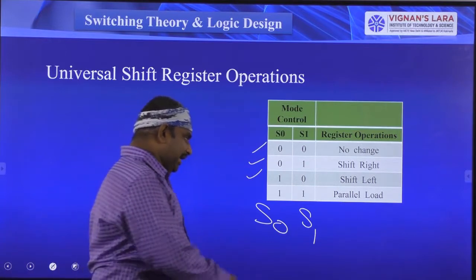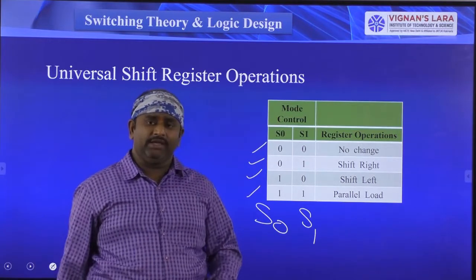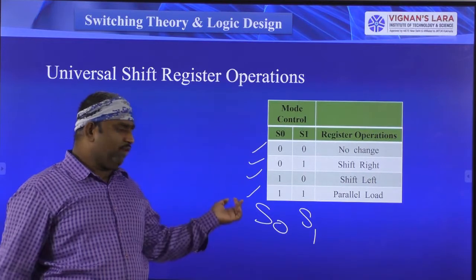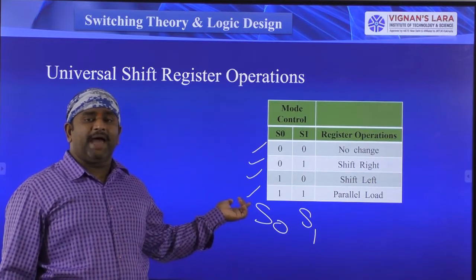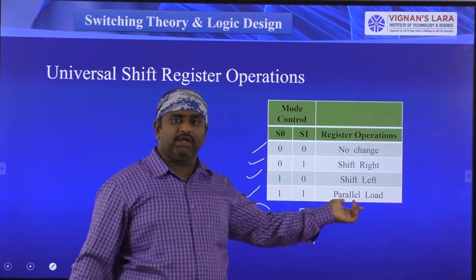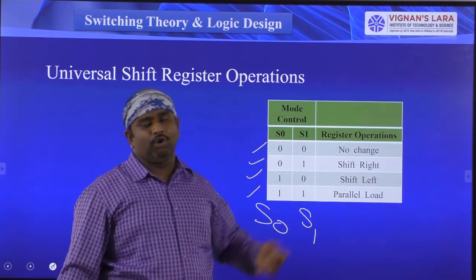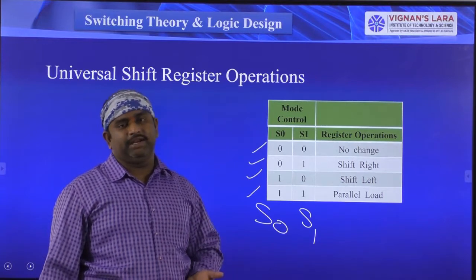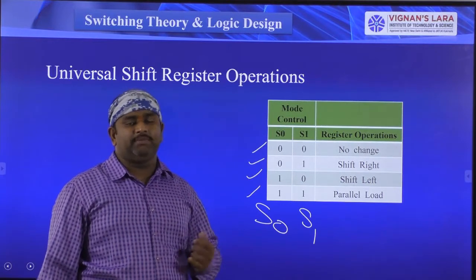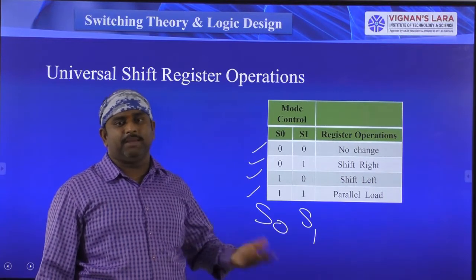Next, the last combination, when S0, S1 values are 1, 1, you have to give the parallel inputs. So I am giving the parallel load input parallelly, the serial left input serially from the left side, and the serial right input serially from the right side.